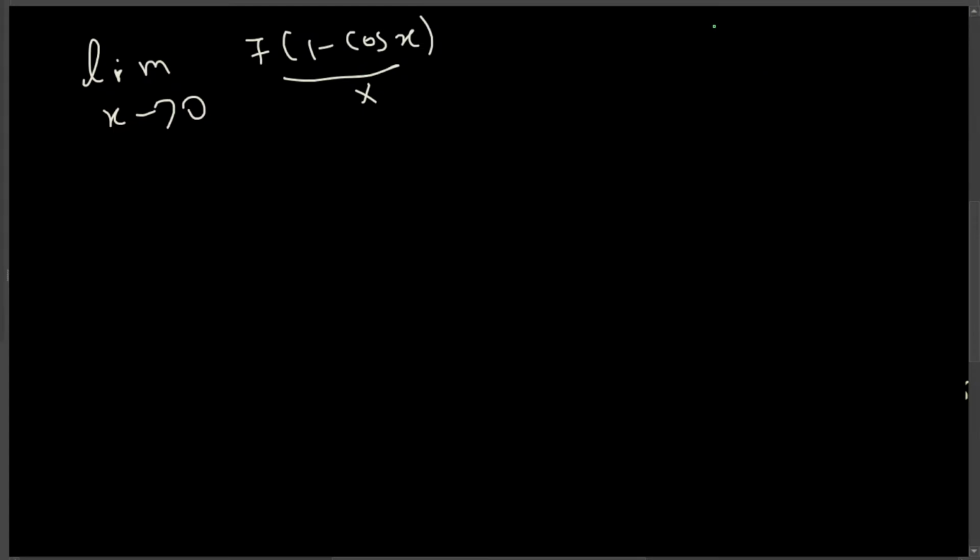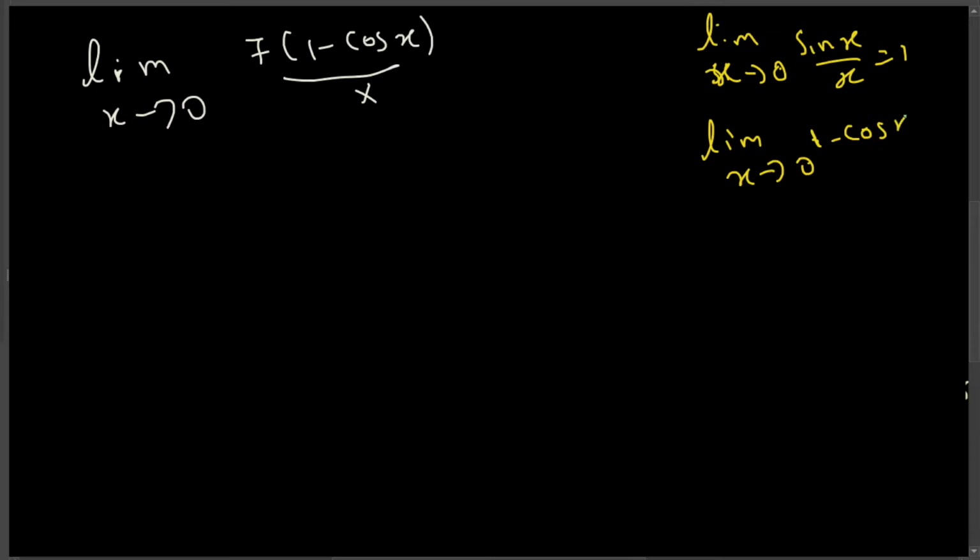One is when limit x approaches 0, sin x over x is equal to 1. And we have seen another equation, that is when limit x approaches 0, 1 minus cos x divided by x is equal to 0. If you look at this one, we are having the second situation right here.